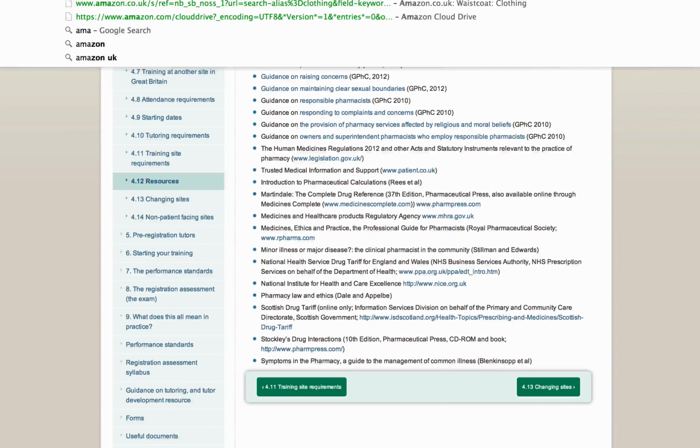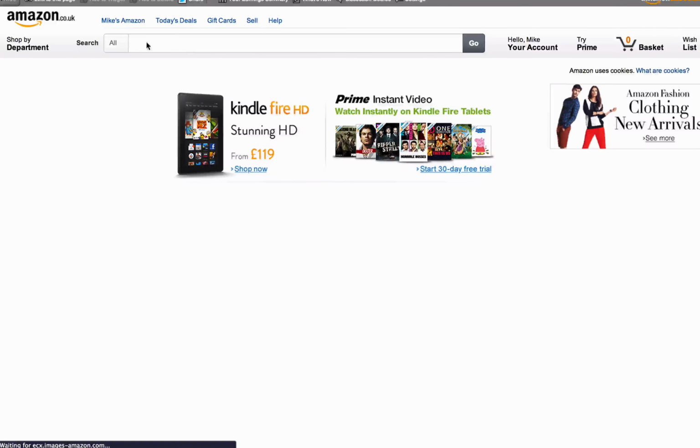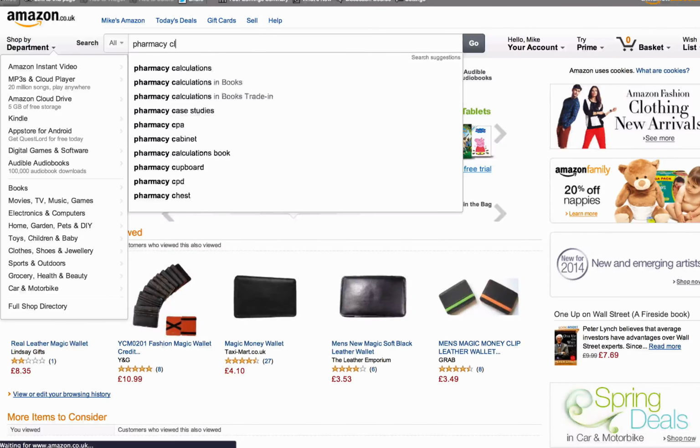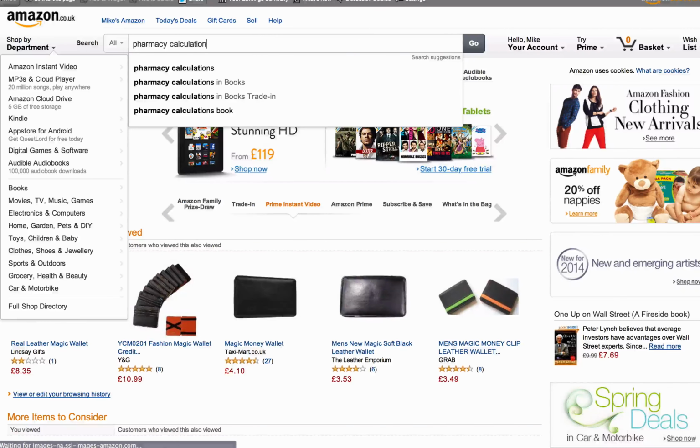Exactly. So out of all of these books, I didn't buy one of them. I think I bought the bottom one, The Symptoms in Pharmacy. But I thought, why don't we look at Amazon, pharmacy calculations.